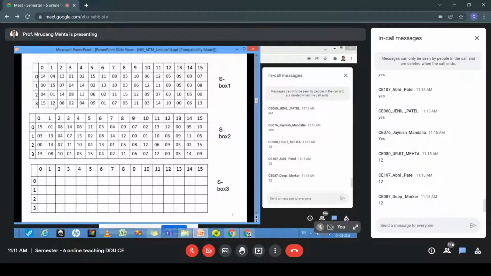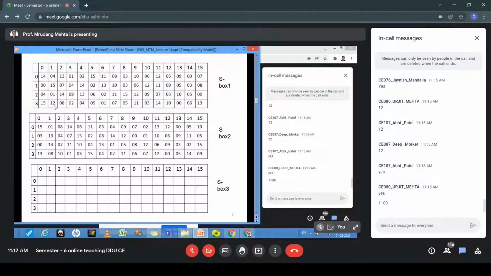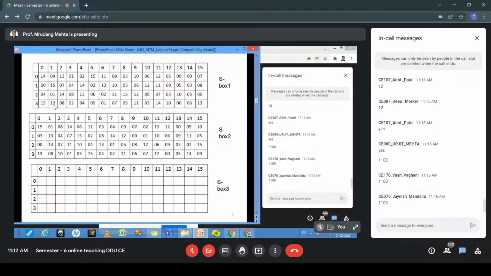12, right? Now, can you represent 12 with 4 bits? Using 8421, it is 1100.